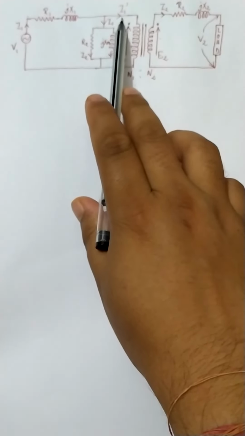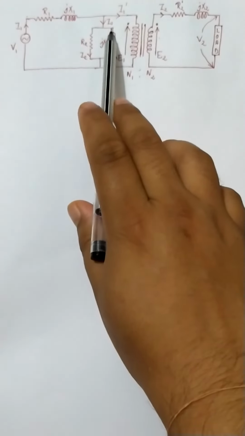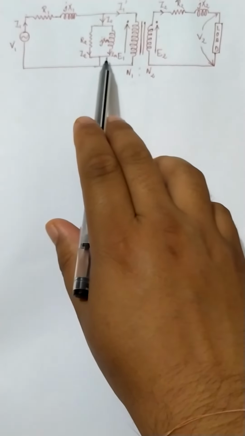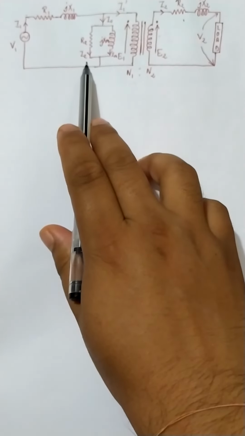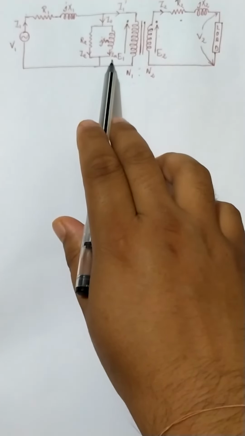I1 dash is the current drawn on the primary side, and I2 is the secondary current, and I0 is the no load current, which has two components, IE and IM. IE is the loss component of current, IM is the magnetizing current. So this is the equivalent circuit of a transformer.